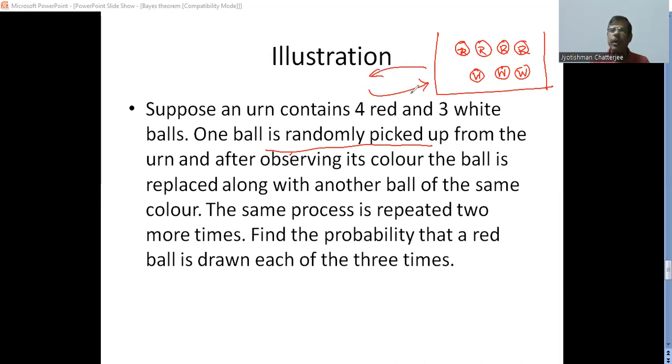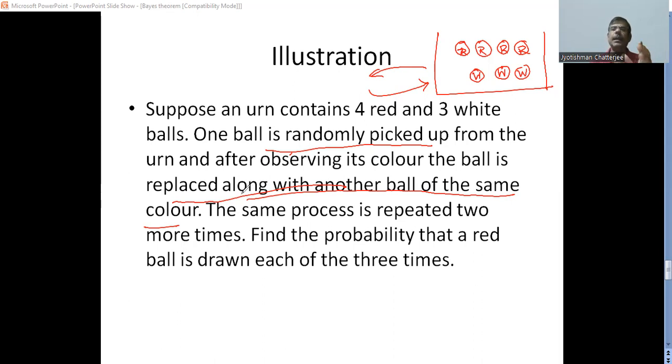And not only that ball, you replace the ball along with another ball of the same color. That's what this one says. After observing the color of the ball, it's replaced along with another ball of the same color. So if the picked up ball is red, after observing the color, you put the ball back and add another red ball to the same urn.